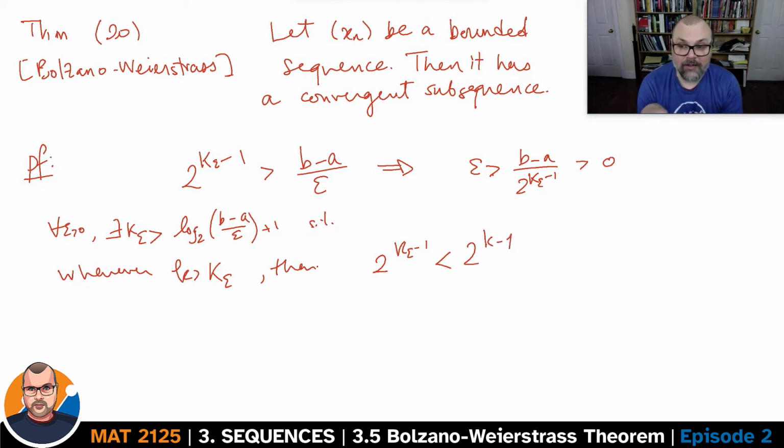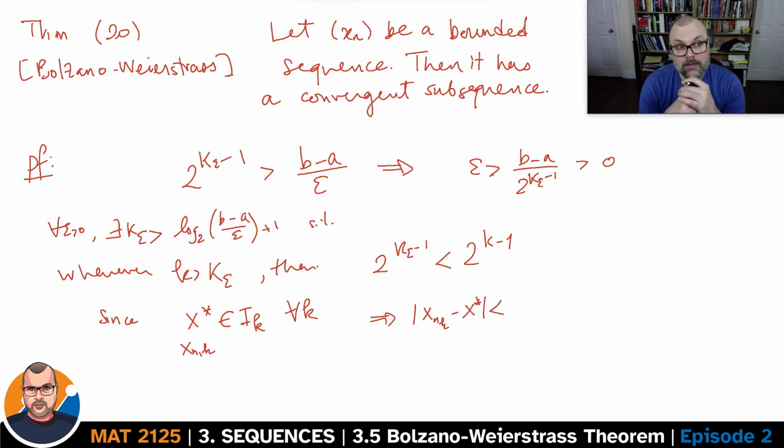But that doesn't depend on the actual definition of k epsilon here. As long as k is greater than k epsilon, this is going to be true. But since our value x star belongs to I_k for every k, and because x_{n_k} also belongs to I_k, we have that the absolute value of x_{n_k} minus x star is smaller than or equal to (b minus a) divided by 2 to the k minus 1.